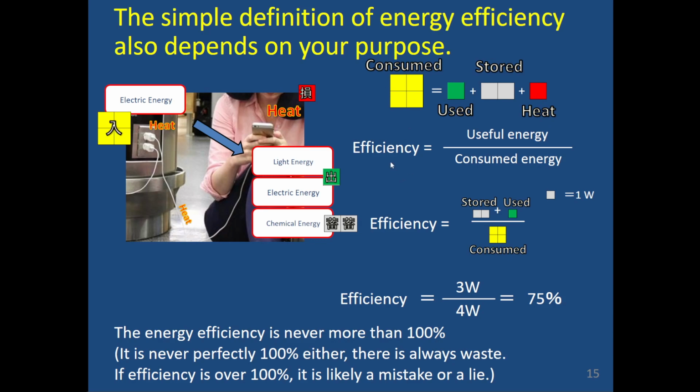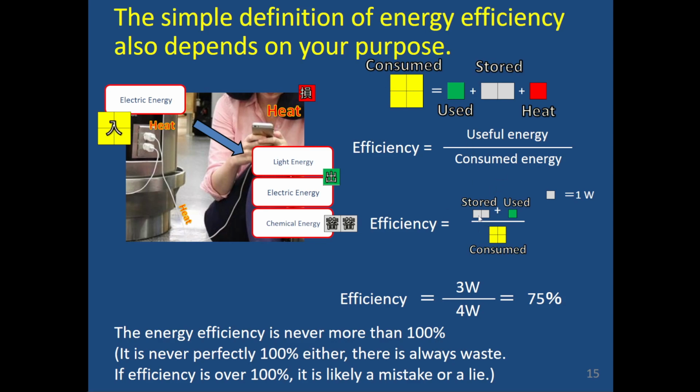A definition of efficiency is how much useful energy versus how much consumed energy. So if we use this graphic of 4 in, 1 used, 2 stored, 1 wasted, the consumed energy is 4.